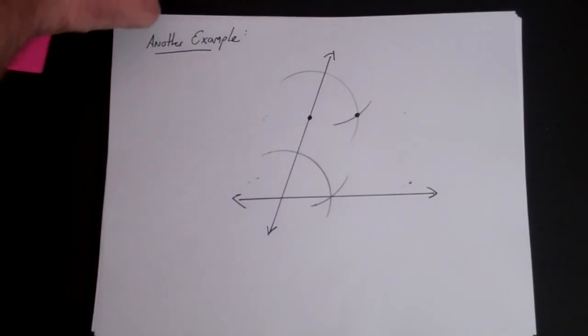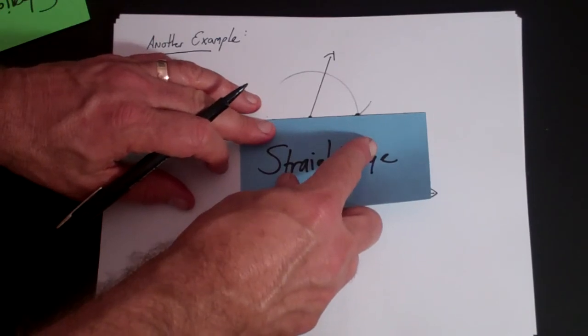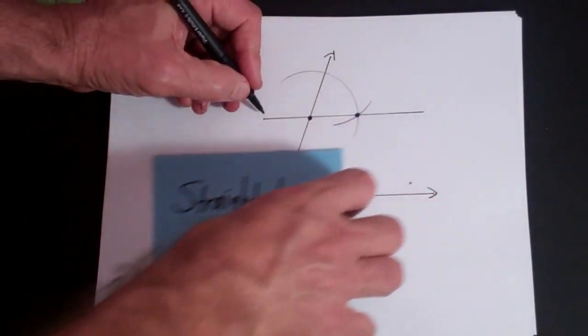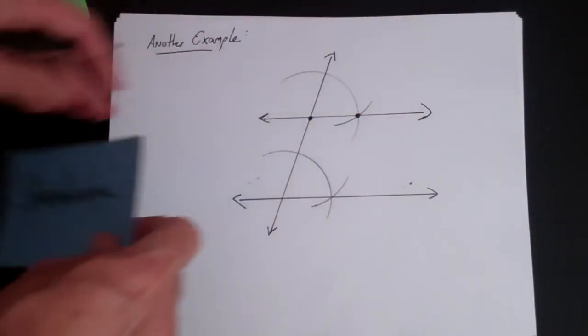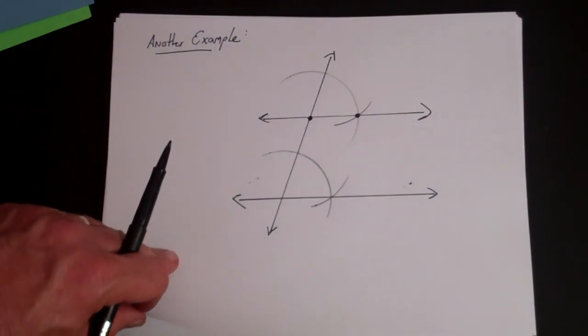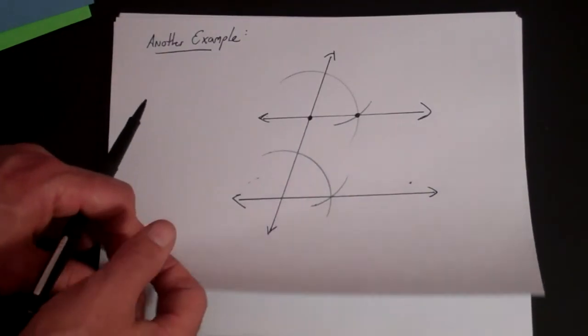Then you take your straight edge and simply connect those two points, and that's going to give you your two parallel lines. And that's how you do parallel lines.